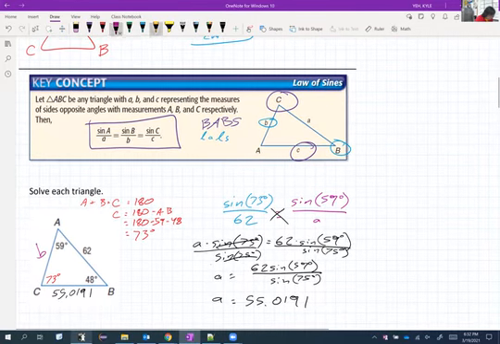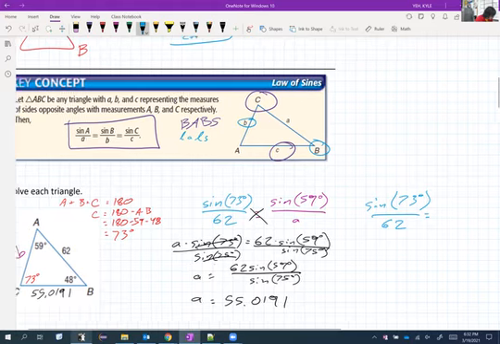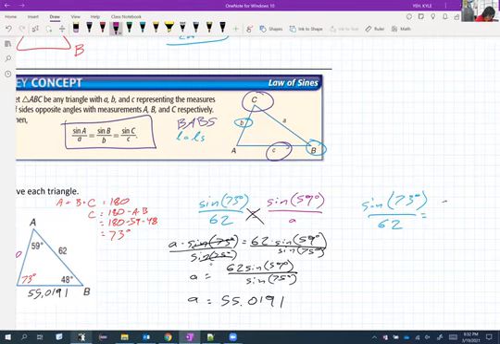I'm going to say sine of 73 degrees over 62 is equal to sine of 48 degrees over side length B. And then cross multiply.